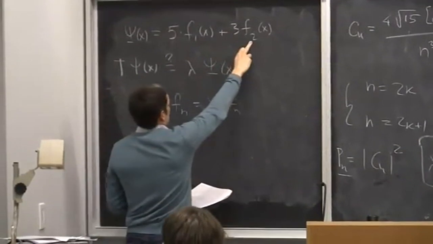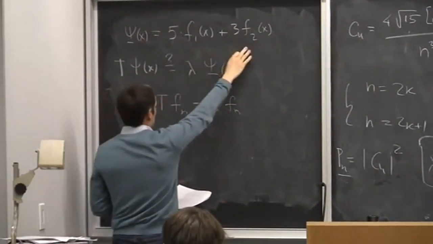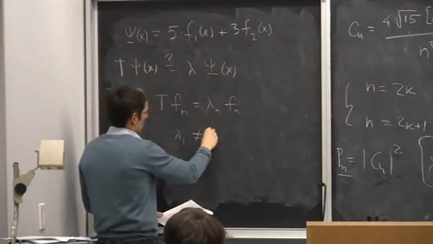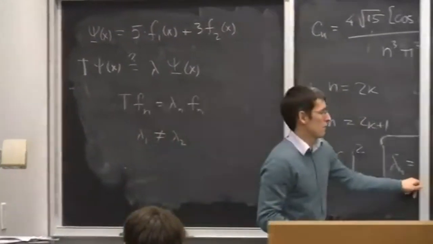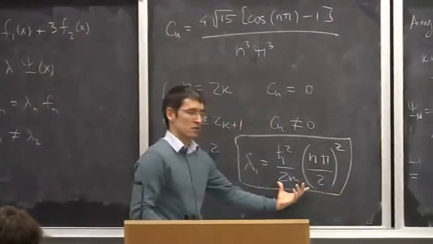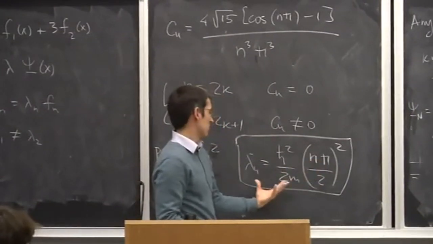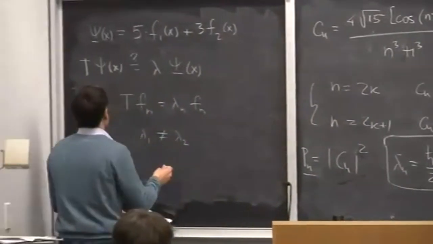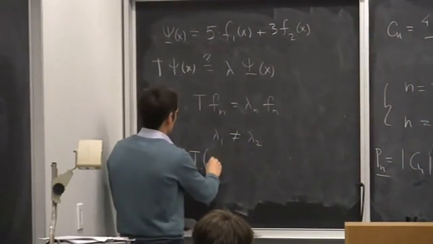And we have two types of functions, 1 and 2, in this expansion. And of course, lambda 1 is not equal to lambda 2, because we calculated what the lambdas are. They're given here, and if you put n equals 1 or n equals 2, the values of lambda will be different.